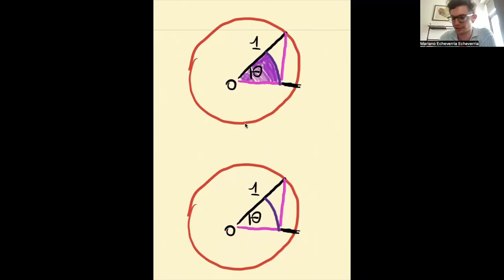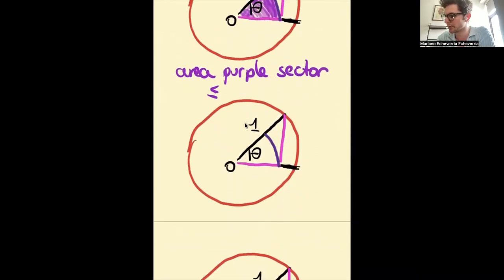I'm going to use different colors to make it easier. So the argument is just saying that the area of this purple sector is less than or equal to the area of this triangle. Let's see what's a nice color. I like orange.